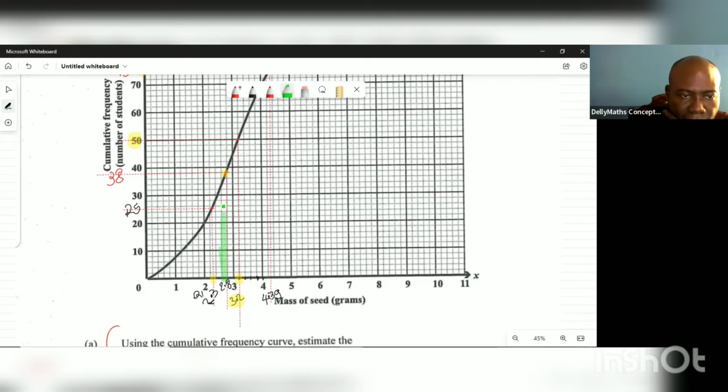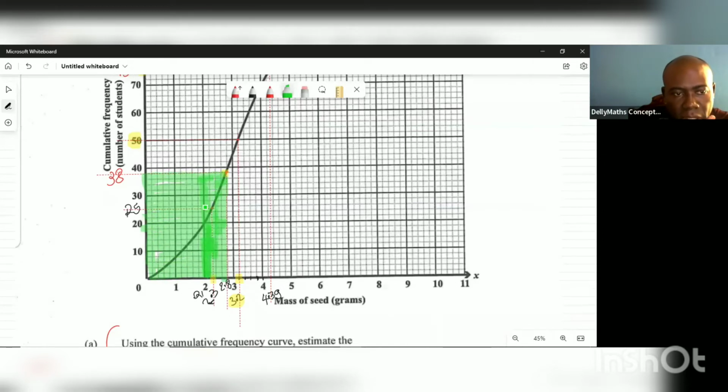So we're looking at this area here, and equal to 2.8. We can't go above that line.